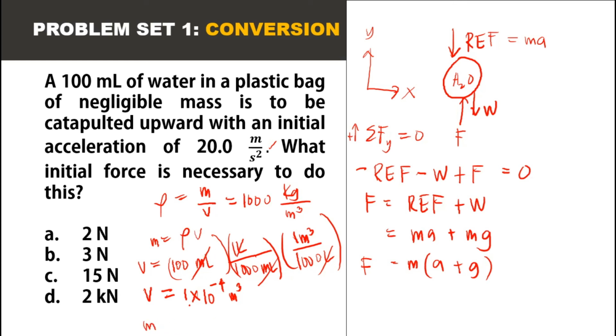The mass is density, 1000 kilograms per cubic meter, times 1 times 10 raised to negative 4 cubic meter. Solving for that gives 0.1 kilogram. We can substitute that here.